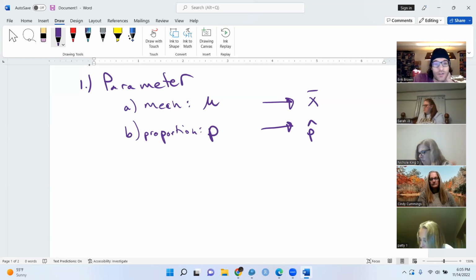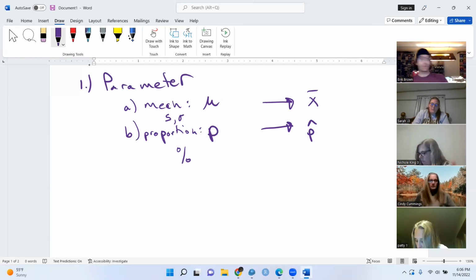Often what comes with a mean is a standard deviation, while proportions are almost always percents. So I'll put a little s, comma, sigma in here as reminders. You'll see those in the problem. A big portion of the final exam is reading the question and deciding whether it deals with a mean or a proportion.